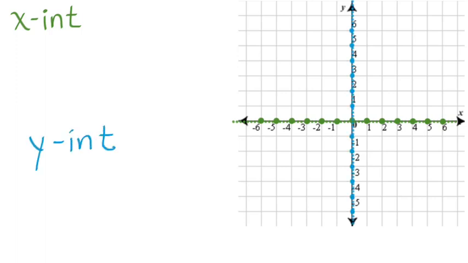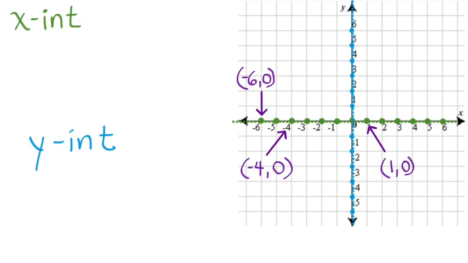If I have an x-intercept right here, we would call this -6, 0, right? This one would be -4, 0, or 1, 0, or 4, 0.